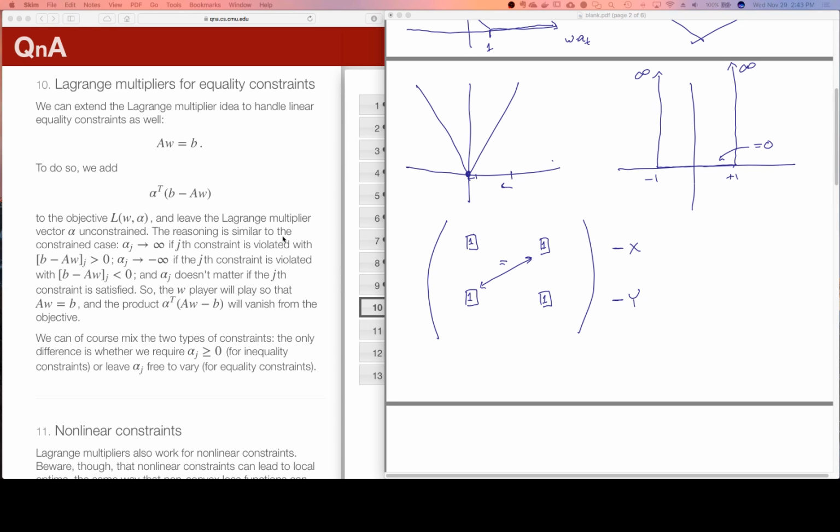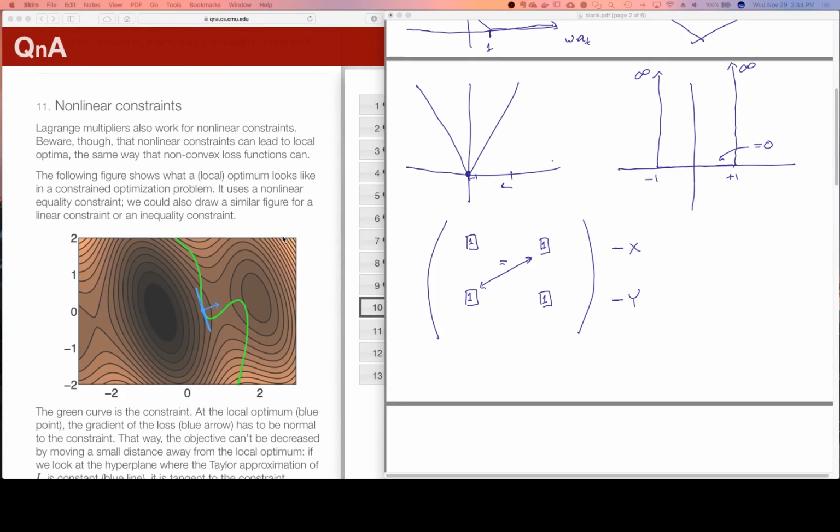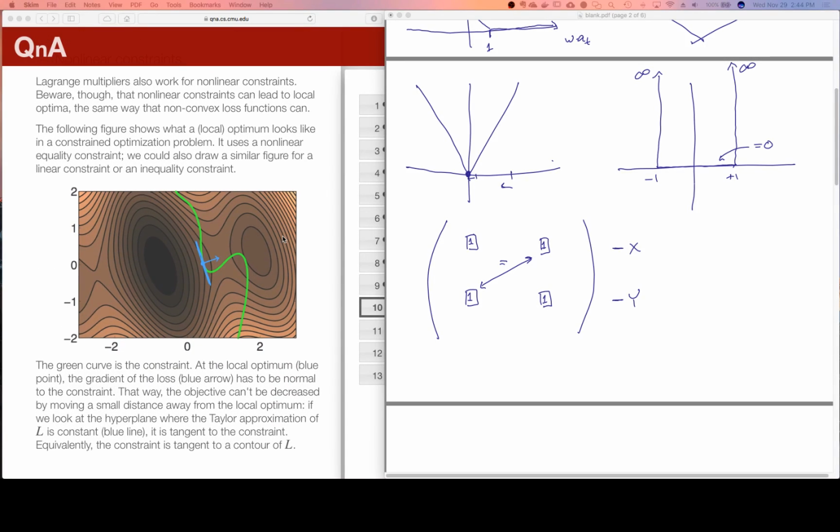And so the w player will want to play so that A w equals b, and that product will vanish. And you can mix the two: you can have inequality constraints with non-negative Lagrange multipliers in the same problem as equality constraints with unconstrained Lagrange multipliers. It works for nonlinear constraints too.